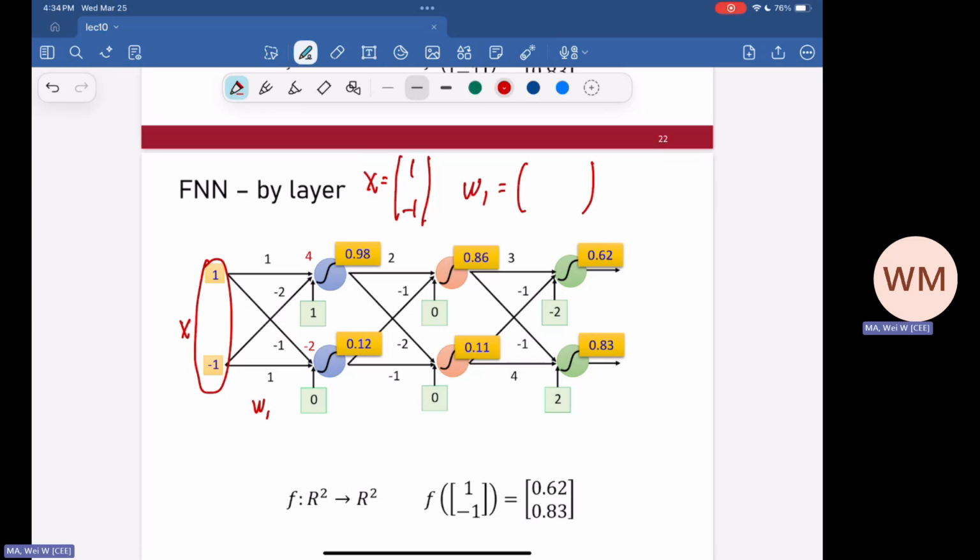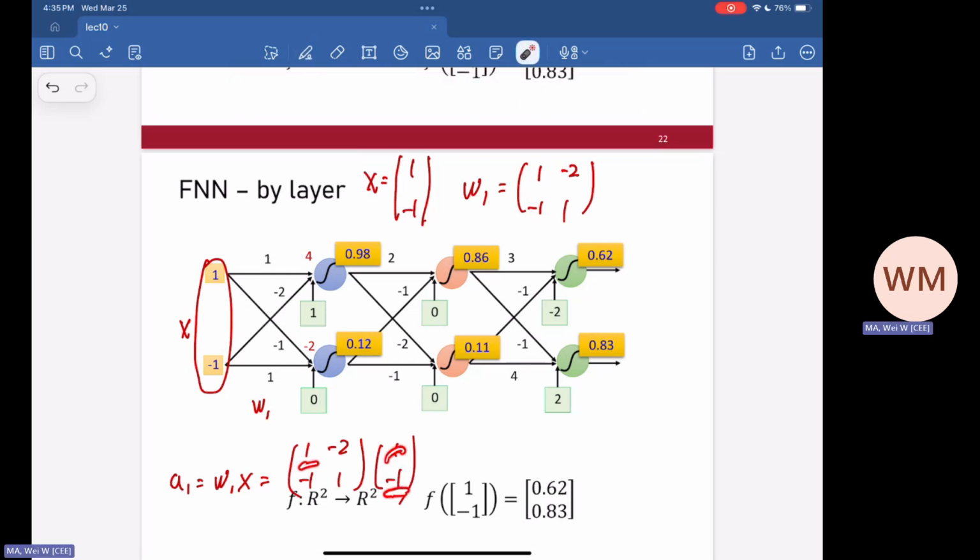What happens in your computer is that you find A1 equals W1 times x, which is the matrix [1, -2; -1, 1] times [1, -1].